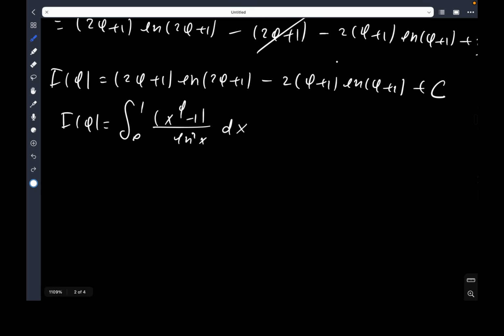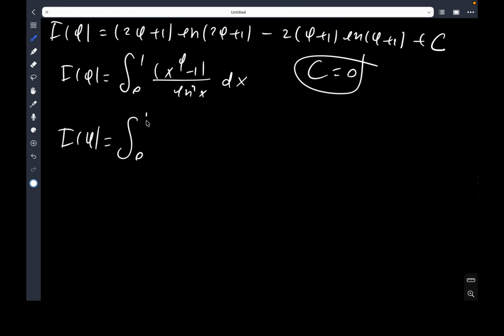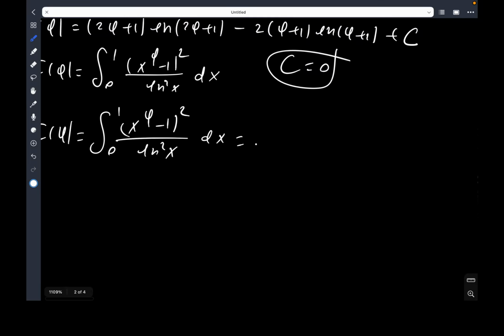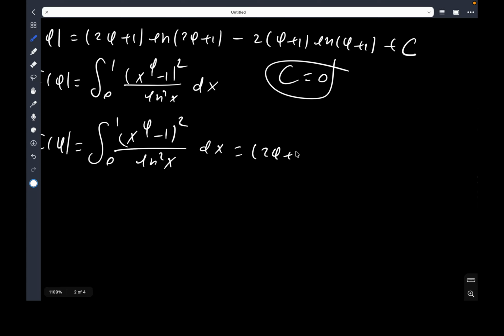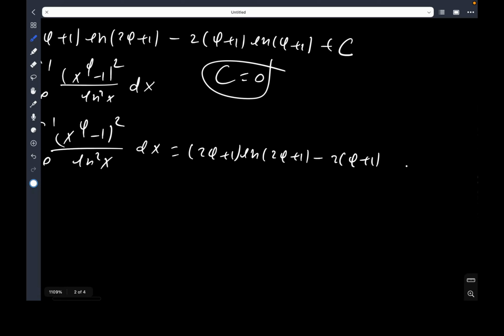Thus I can say that c equals 0 as well. And I of phi is equal to the integral from 0 to 1 of x to the phi minus 1 squared over ln squared x dx, which is 2 phi plus 1 ln of 2 phi plus 1 minus 2 times phi plus 1 ln of phi plus 1.